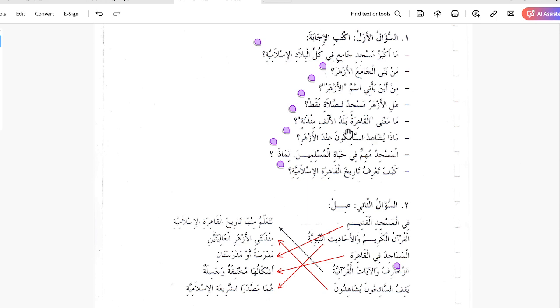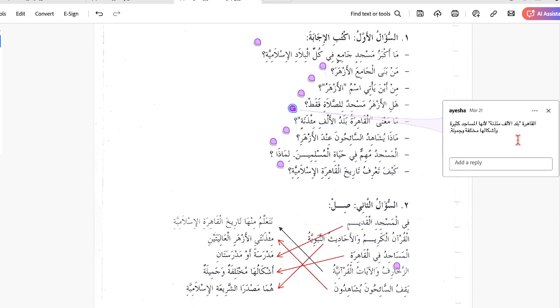Ma mana al-Qahiratu baladu alfi mizanatin. What it means when we say Cairo is the land of 1,000 minarets. We call it so because li'annaha al-masajidun kasiratun wa ashkaluha mukhtalifatun wa jamilatun.